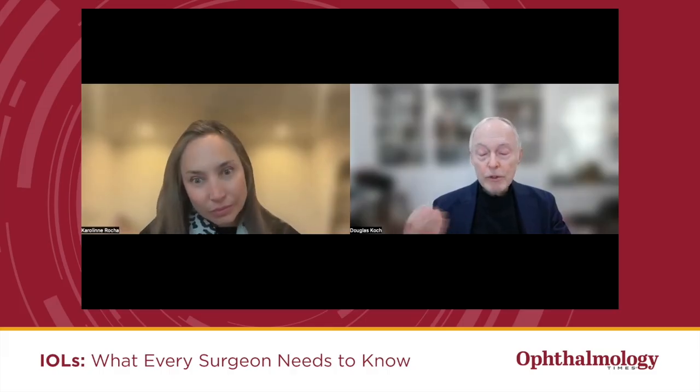Right. I love this category for doing the dominant eye first. If they love their distance vision and if they get a lot of near from it, I can probably do something similar in the other eye rather than go for more monovision or a trifocal or something. How do you approach this with your patients? Very similar. I usually target plano or first minus, maybe the first minus dominant eye first. And I like to see the patients post-op.